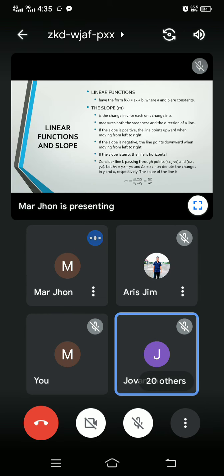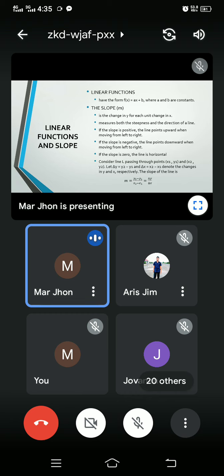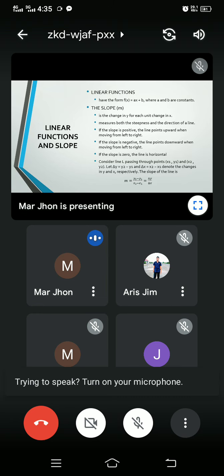Change in y, the value of y, then change in x. So first is the slope. It measures both the steepness and direction of the line, the up and down of the line, from left to right. It depends on where you give the negative.